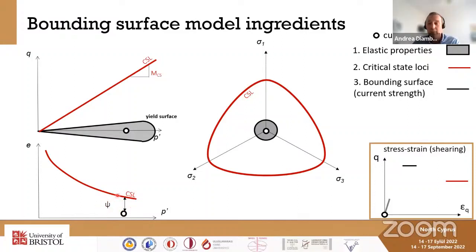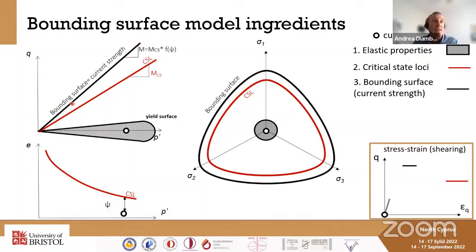And the state parameter governs our strength. So we can have a function that multiplies the strength at critical state by a function of our state parameter, such that our strength is higher than the critical state if we are on the dense side, for example. If we are above, this can even be below the critical state line. Okay, so we have our initial stiffness, our intermediate strength, our final strength.